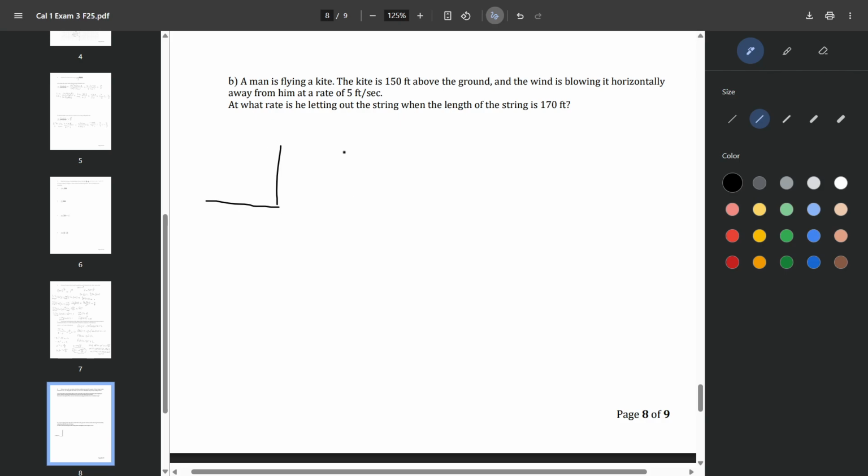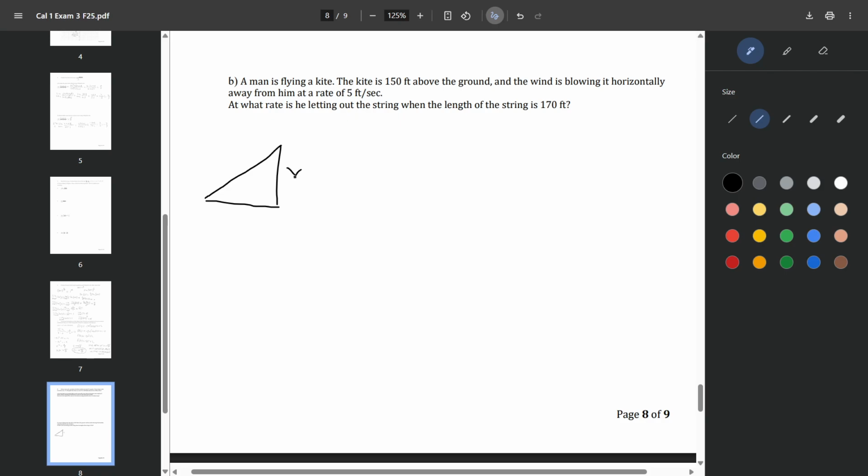So it seems that we have a sort of triangle shape where this part is the string, this part is the horizontal distance, and this is the vertical distance. As we can see right here, it says that it's 150 feet above the ground.